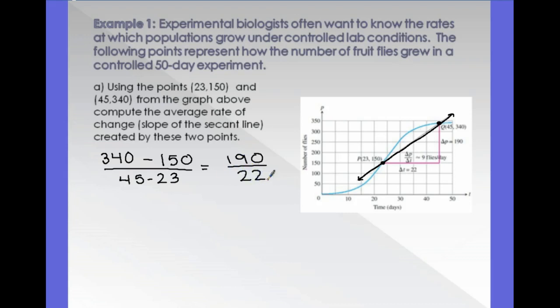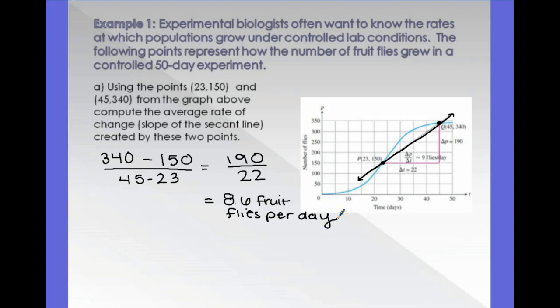So what that means is we looked at 22 days, and we looked at the change of the fruit flies over those 22 days, which was 190. So if you reduce that, you get about 8.6. So that means about 8.6 fruit flies per day. So the change was 8.6 fruit flies per day.